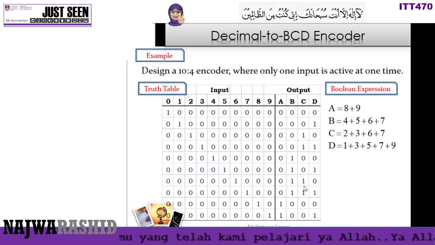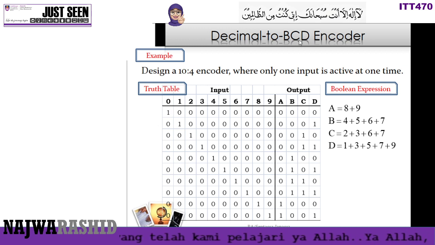So, as an example, let's say the question asks to design a 10:4 encoder where only one input is active at one time. We need to construct the truth table for 10:4. That means we have 10 inputs and 4 outputs. The 10 here refers to decimal numbers, so the possibilities are 0 until 9.